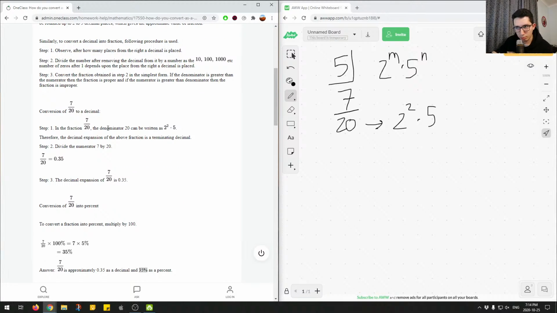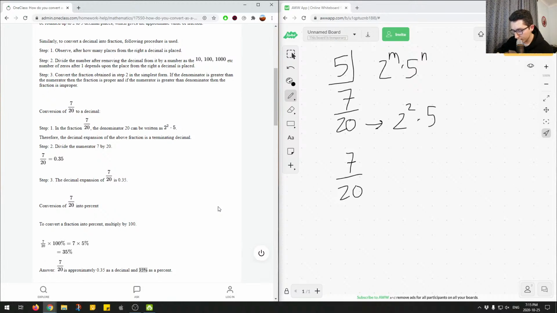If we were to plug this into our calculator, it would give us 0.35, a terminating decimal. If you wanted to get 0.35 without using a calculator, you can think about it as follows. With 7 over 20, what I usually like to do is try to get the denominator, the 20, to equal 100.